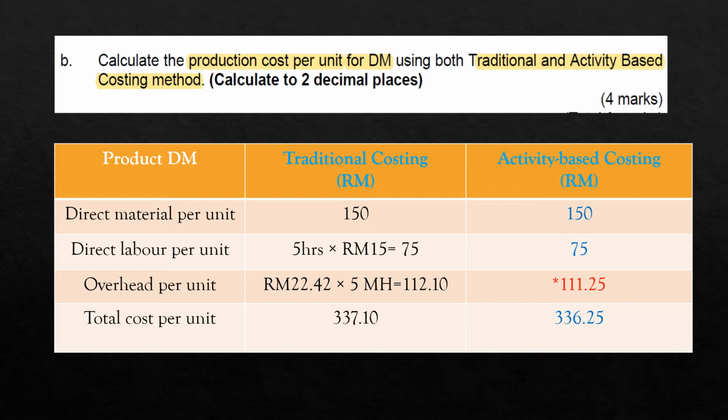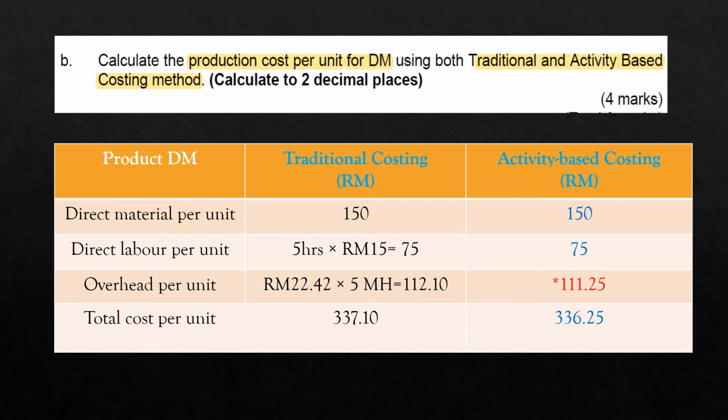The direct material per unit, as stated in the table in paragraph 3, is equal to RM 150 and this amount will be used for both methods. And then the direct labor cost per unit is equal to RM 75. That is 5 hours multiplied by the direct labor rate as given in the additional information.